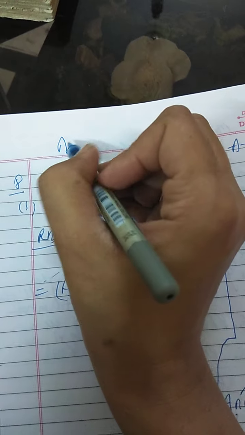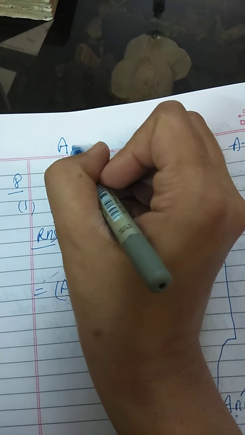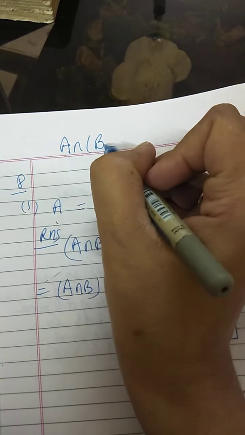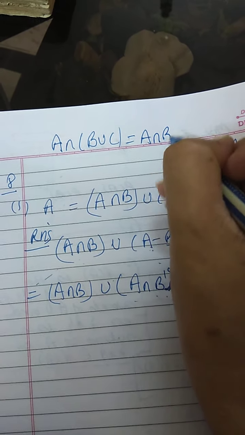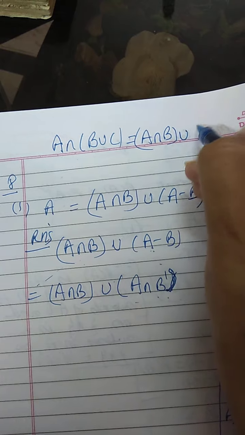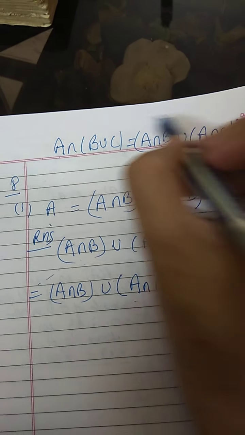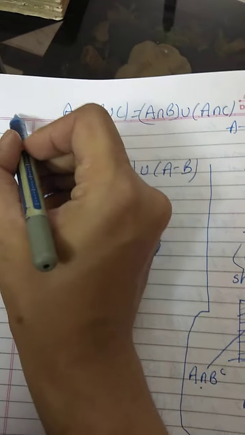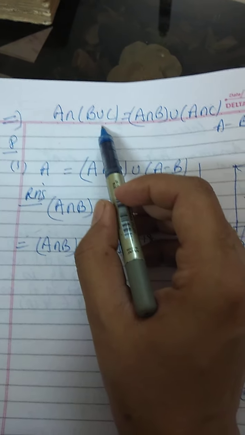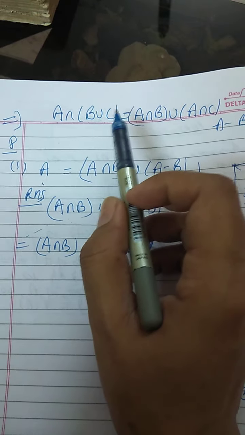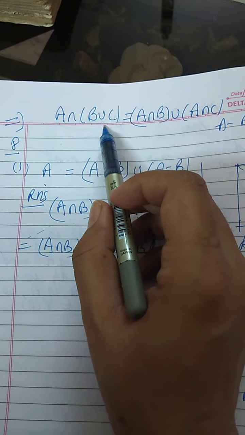What is the distributive law? A intersection (B union C) is equal to (A intersection B) union (A intersection C). This is the distribution law of intersection on union.